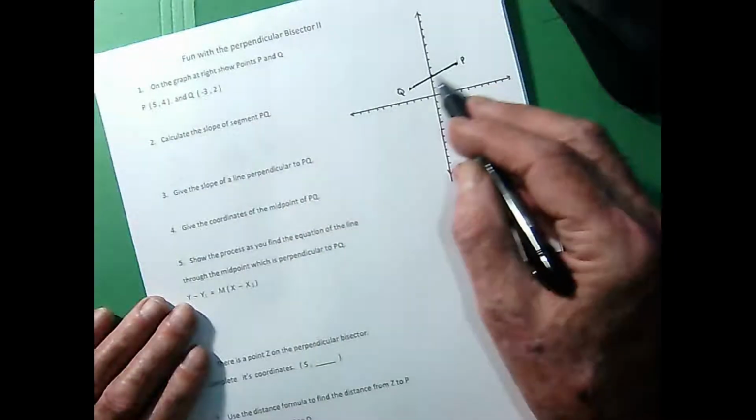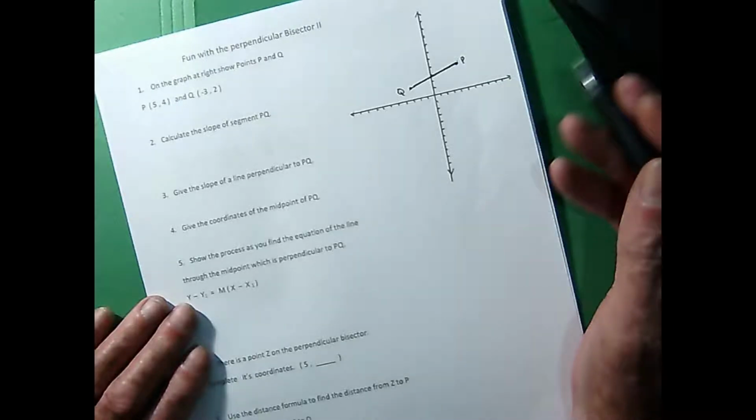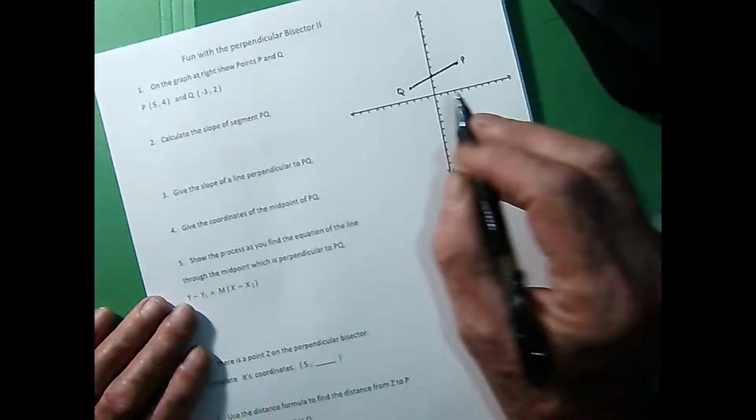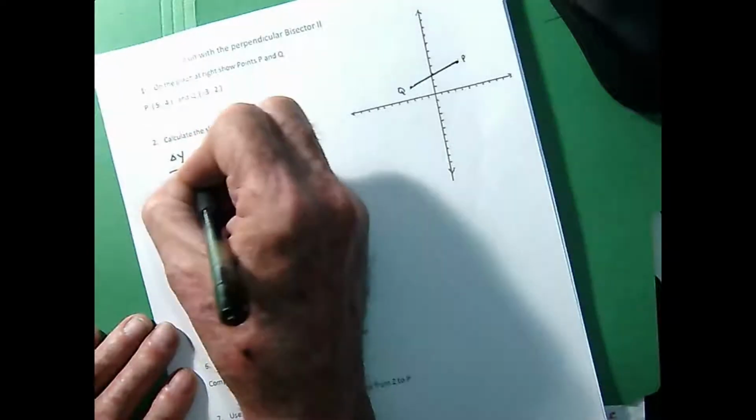And it asks me right away about the slope of PQ. We're going to need it, but you might be thinking, would it be positive? Would it be negative? Would it be a large number? It looks like it's going to be positive, and not a very large number. You'll remember that slope is delta y over delta x, change in y over change in x.